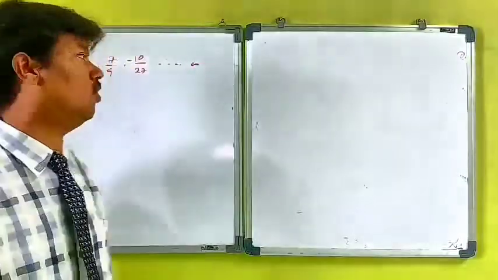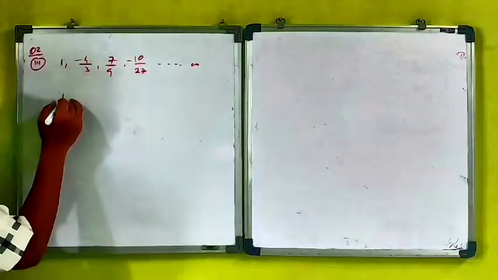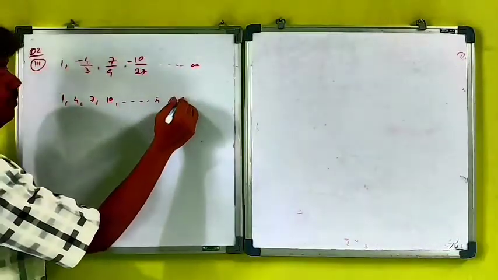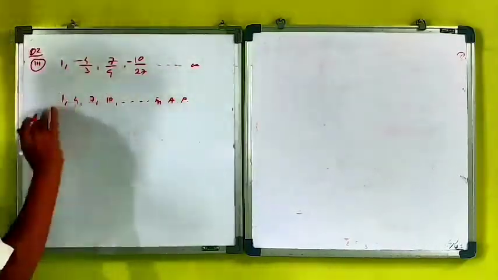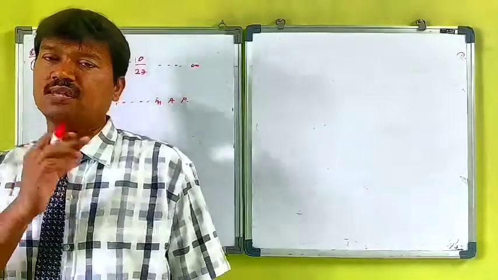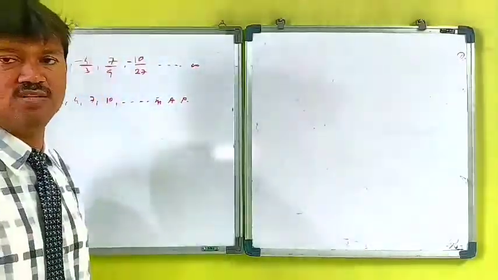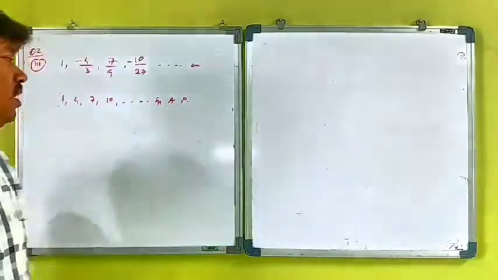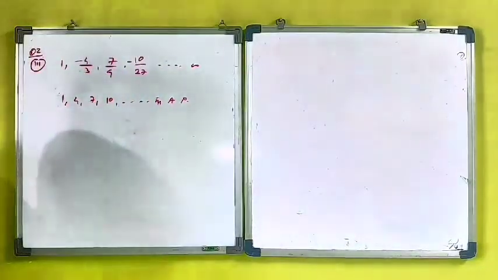So here, if you observe, 1, 4, 7, 10 is an AP. So don't give the plus minus sign to the AP, because in an AP there is a common difference. So it's always either the same sign, positive or negative. So here, this is there.